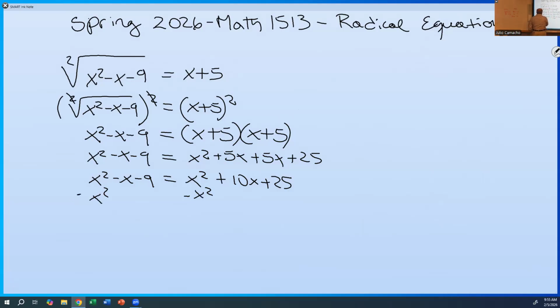What happens when you subtract x squared from both sides? They cancel. Now the only thing you have is negative x minus 9 is equal to 10x plus 25. That makes our life simpler, less complicated. What else can you do?